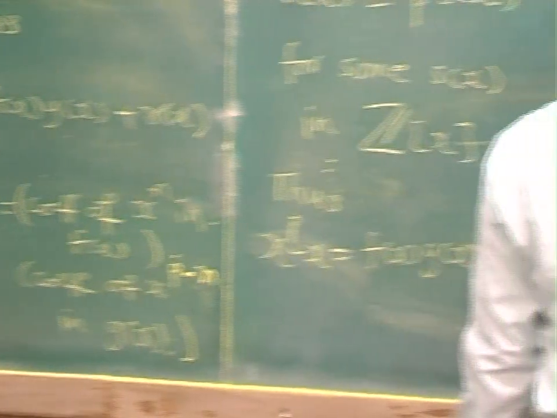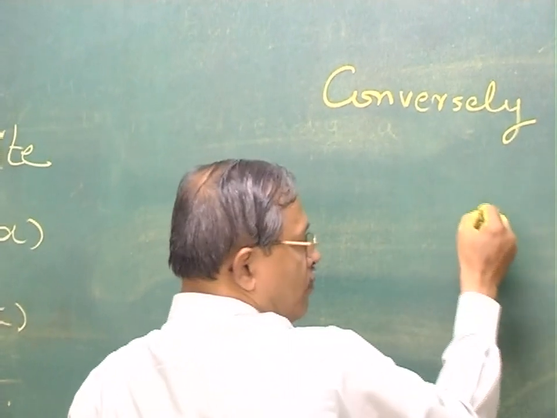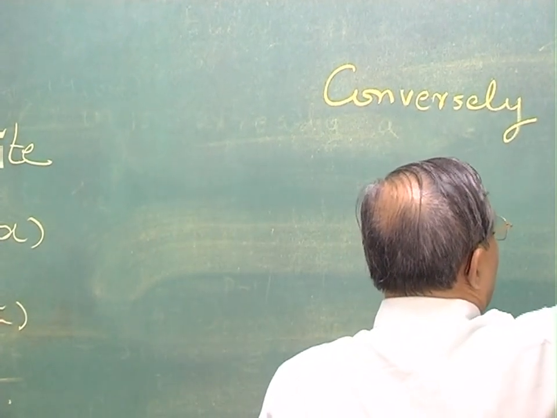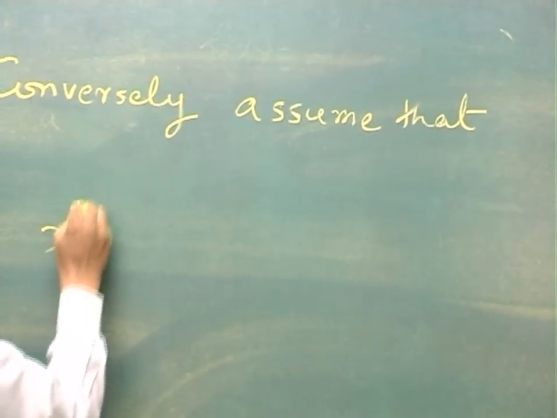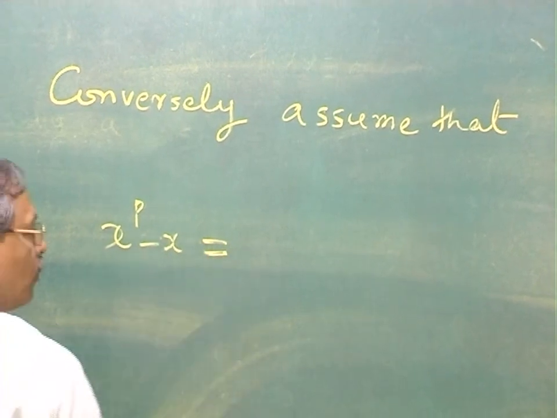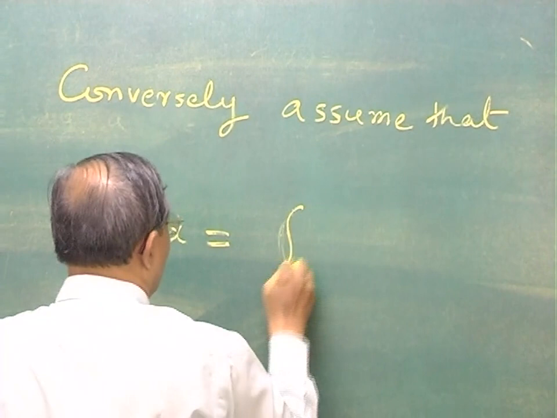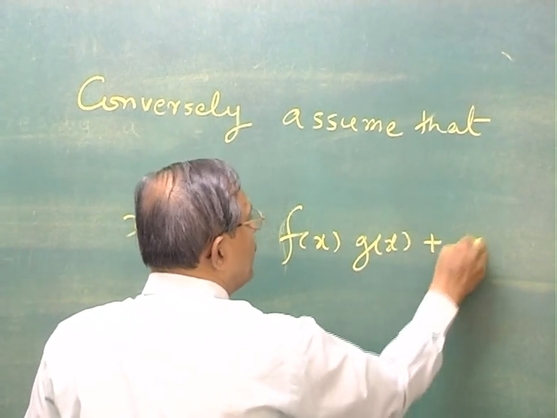Conversely, assume that x raised to p minus x equals f(x) into g(x) plus p times s(x).